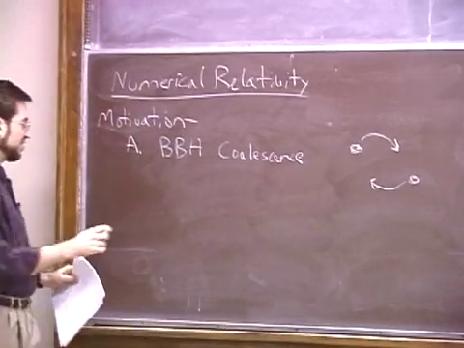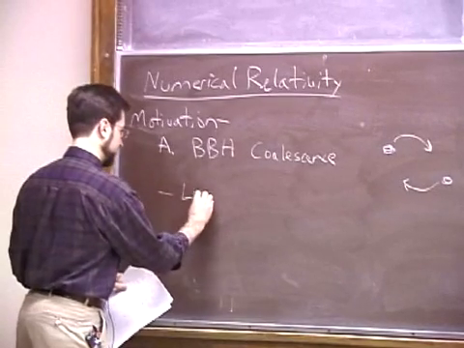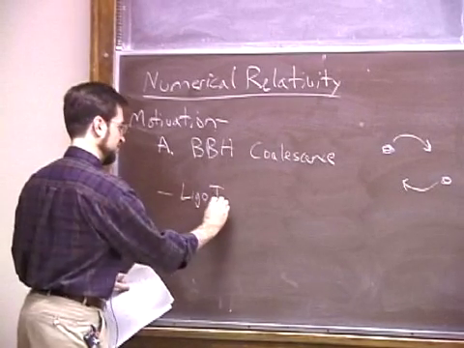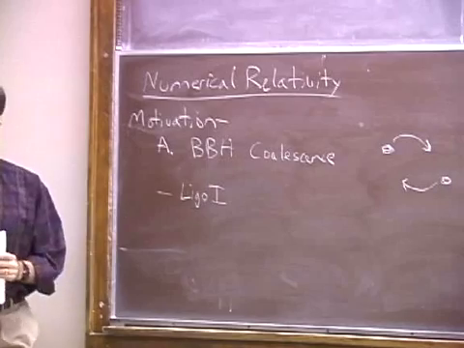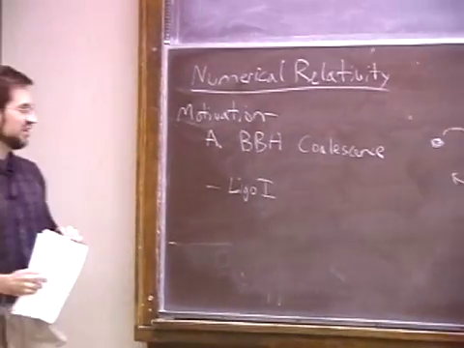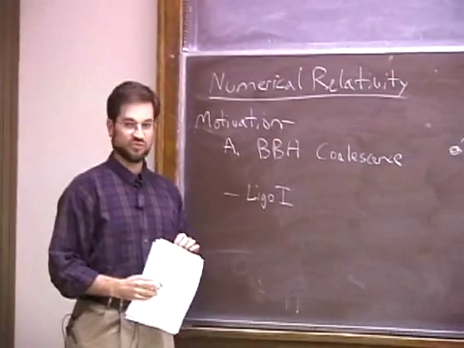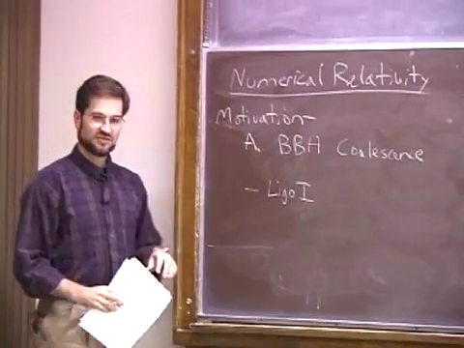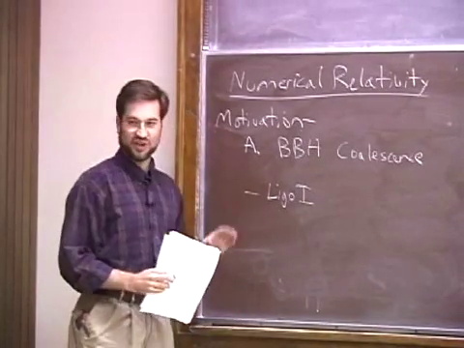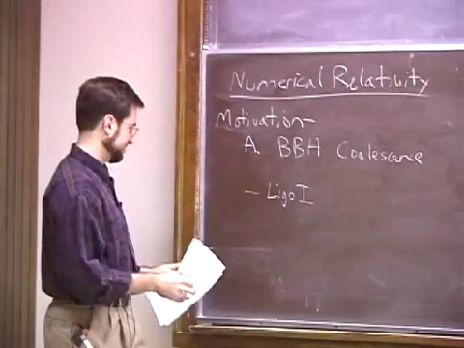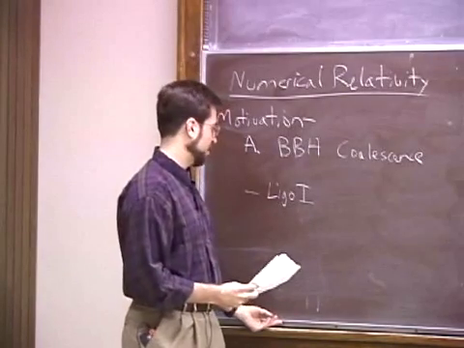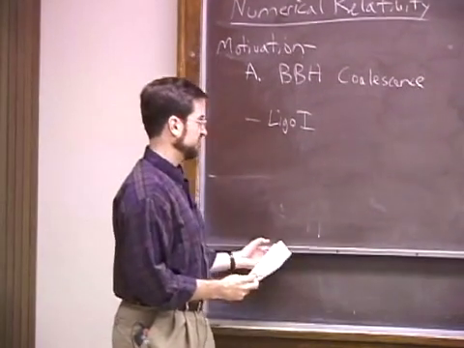So for LIGO 1, it turns out that this source might actually be the most likely source that LIGO 1 will see. Of course, there's all kinds of uncertainties, but let me give you an argument why.